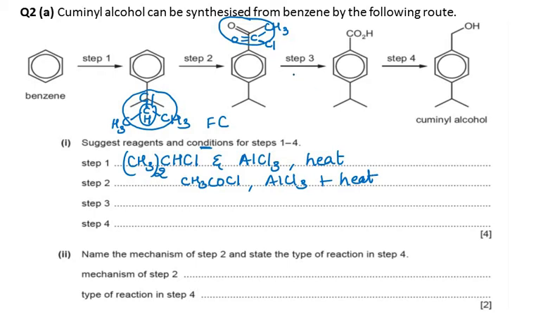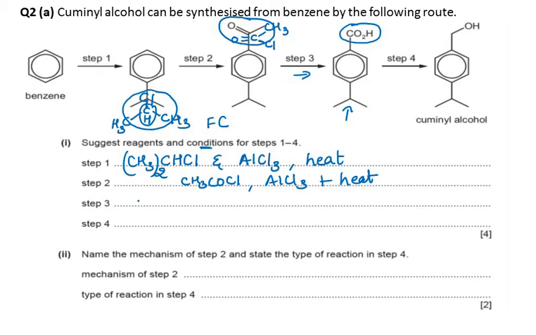Now next is step 3. What is happening in step 3? The chain at the lower end remains the same. What is happening is just the side chain on the top is oxidized to carboxylic acid. As we know, it's an oxidation reaction. So what is the reagent for the oxidation of a side chain of benzene? There are 2 types of reagents possible.